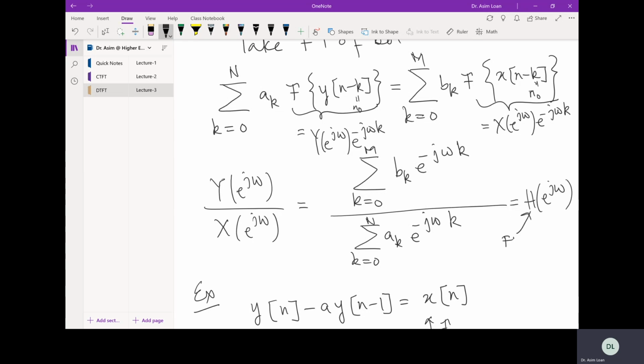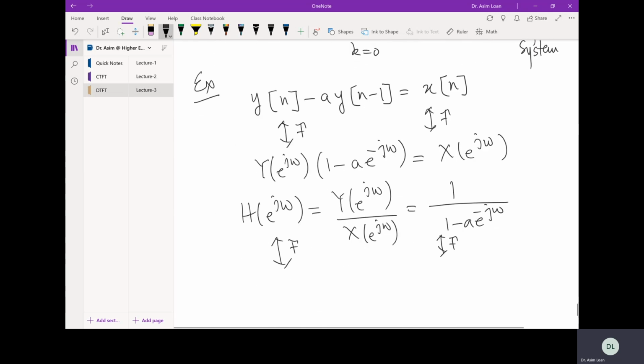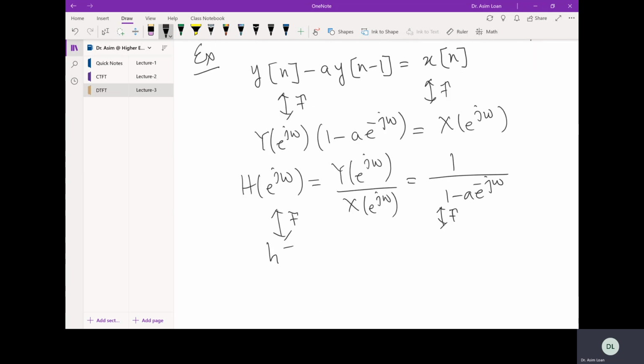This is the frequency response of the LTI system. Our solution is still exponential, so h[n] is simply a^n u[n].